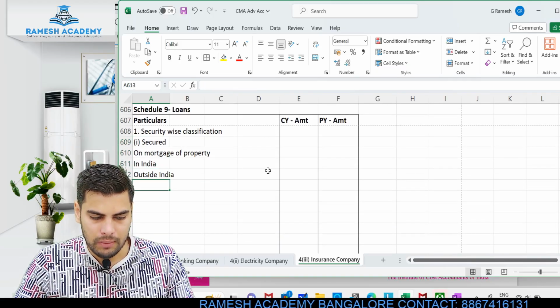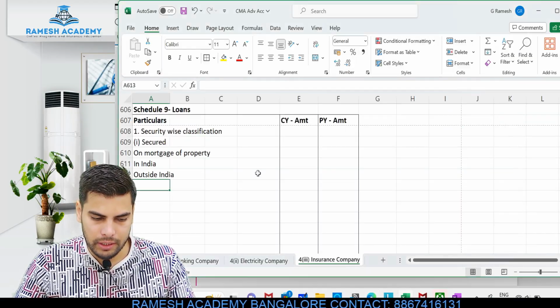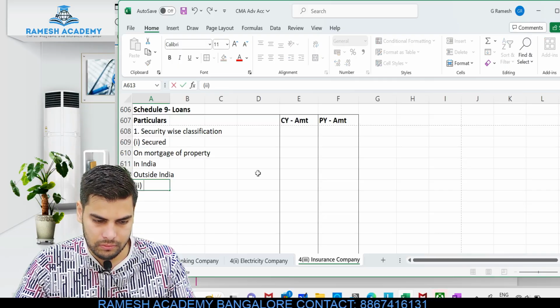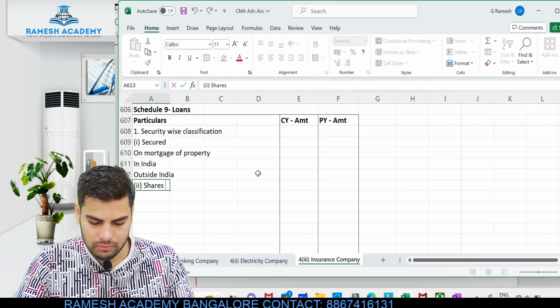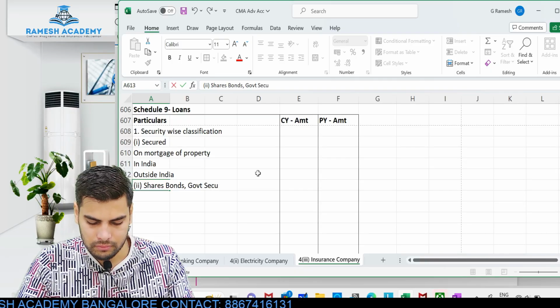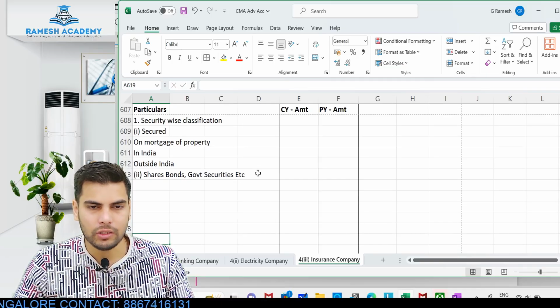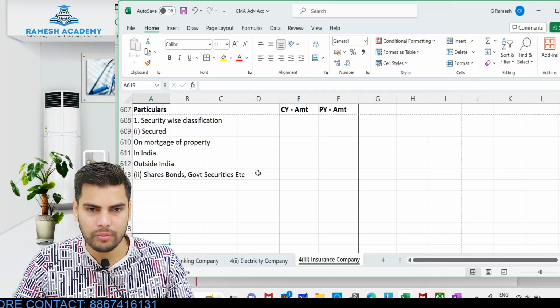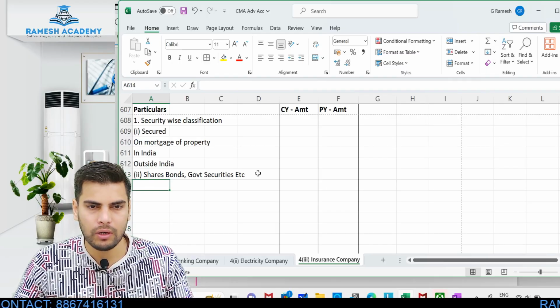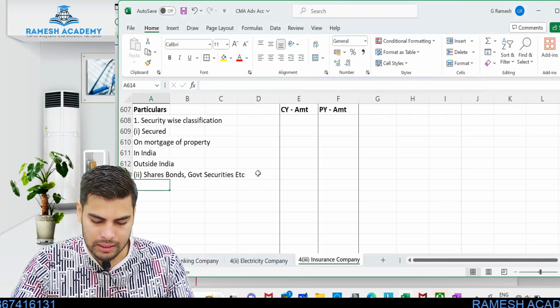Same way, we will be showing on shares, bonds, government securities, etc. Whether I'm mortgaging these shares which I have in the form of investment, whatever I have invested, if I'm pledging those things, same way others, just specify.